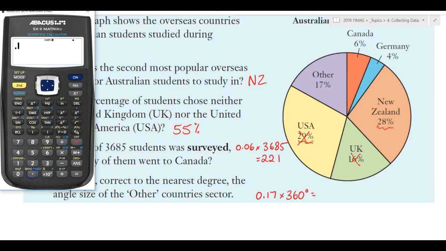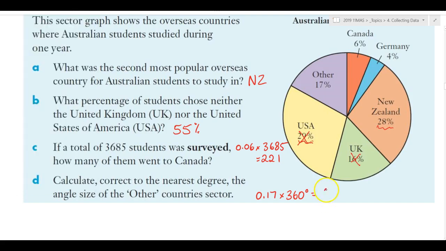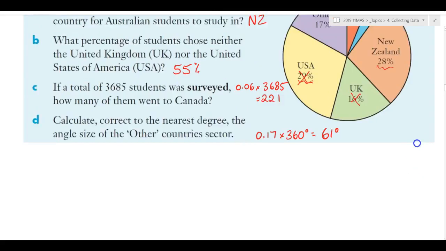Right, 0.17, that's 17 divided by 100 if you like, times 360 equals 61.2 degrees. To the nearest degree, 61 degrees. Right, yeah. And does it look about right? Does that look like about a sixth? It does to me. Now, that is it for interpreting graphs there.